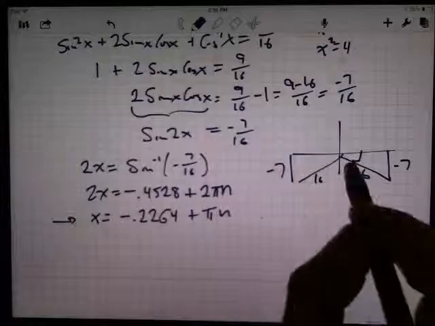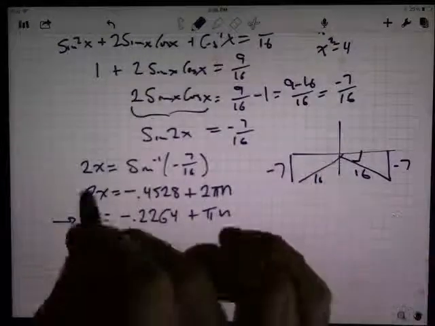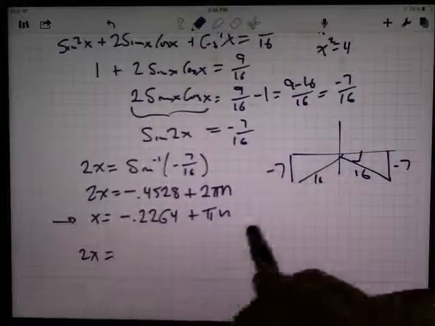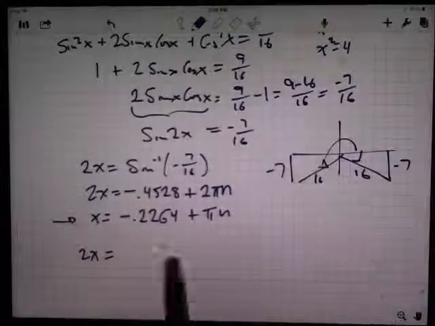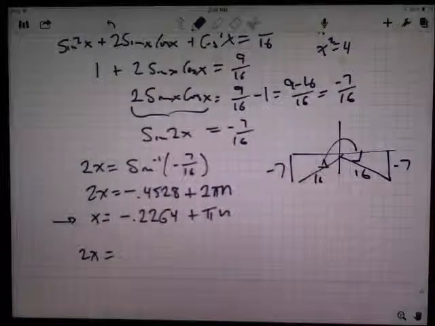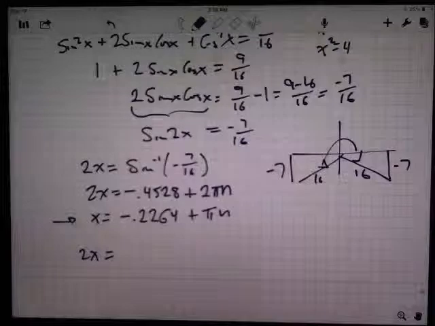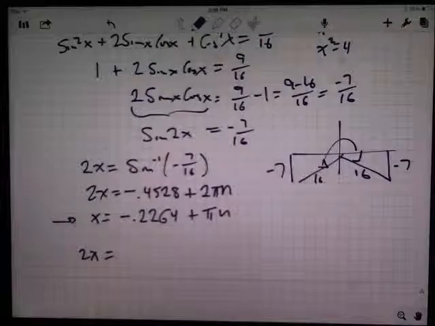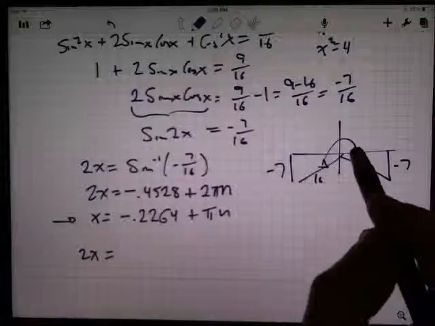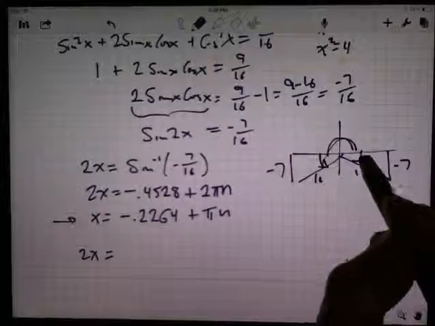There's another possibility, in that over here 2x might have been this angle. So that's going to be pi plus, so I'm going to go through pi, and then I'm going to go through plus whatever this angle is.